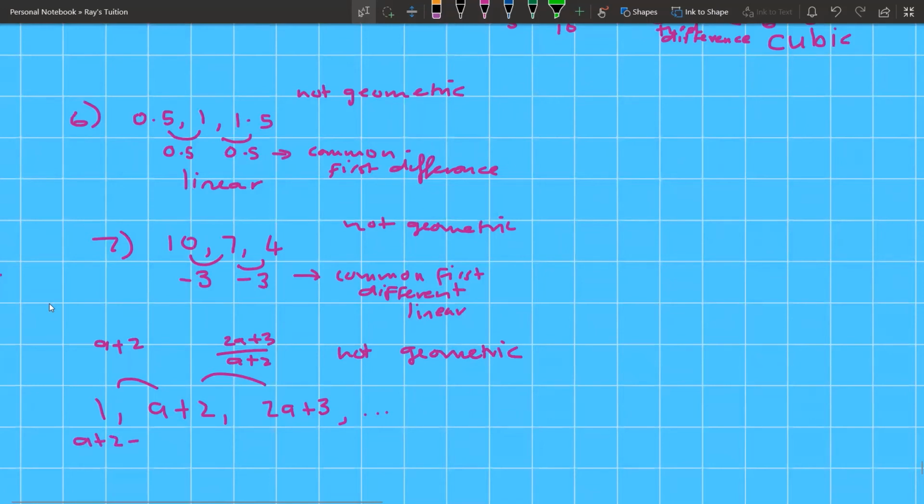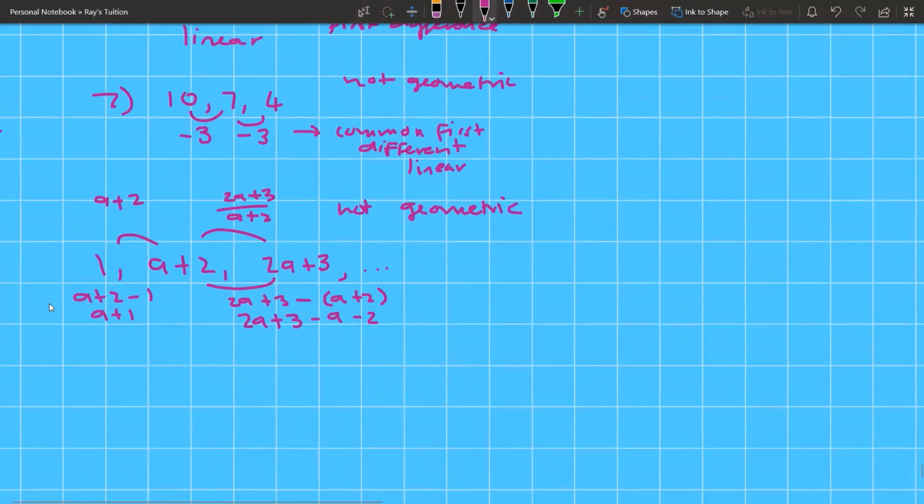A plus 2 minus 1 is a plus 1. And here we're going to subtract 2a plus 3 minus a plus 2, which is 2a plus 3 minus a minus 2. So if we simplify that, we get a plus 1. So can you see we have a common first difference? And a common first difference makes it linear.